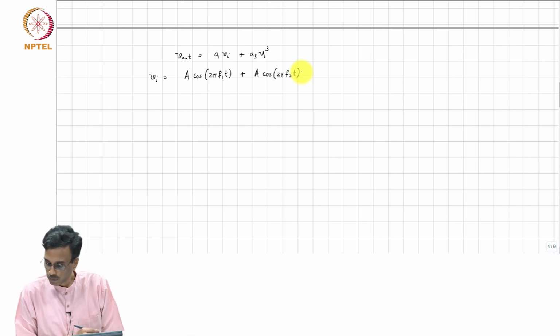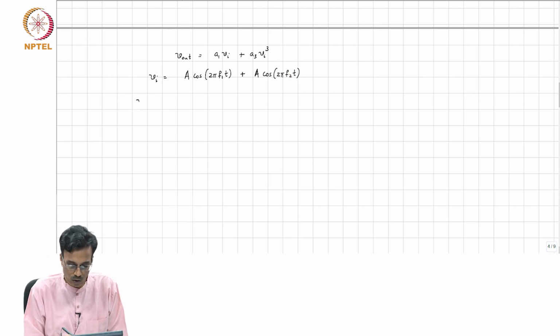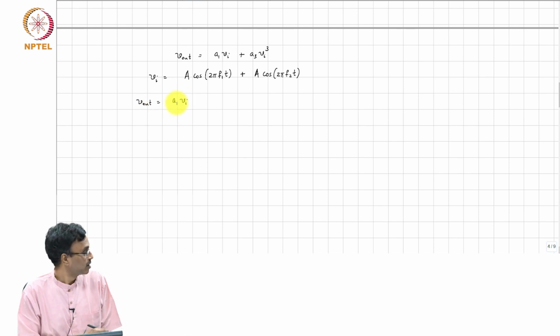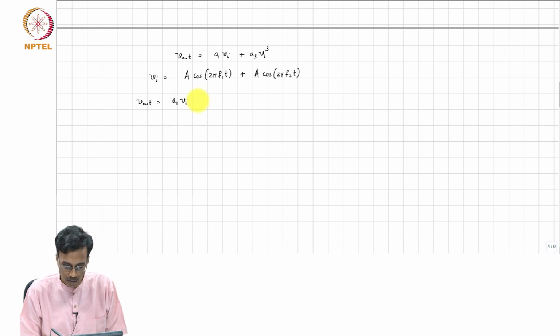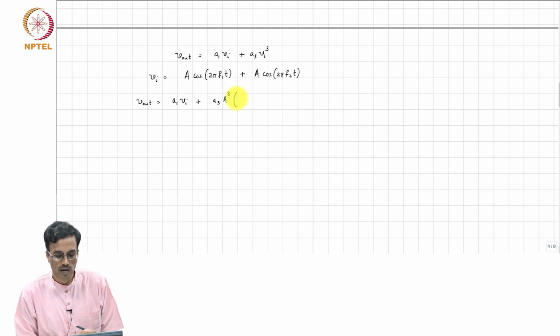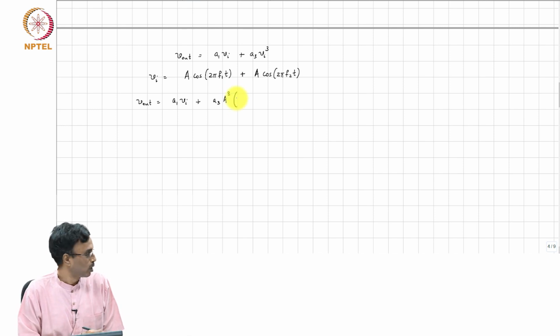And so, V out therefore is A1 times Vi, where Vi is what we just wrote above, plus A3 times A cube times cos 2 pi f1 t plus cos 2 pi f2 t, the whole cube.